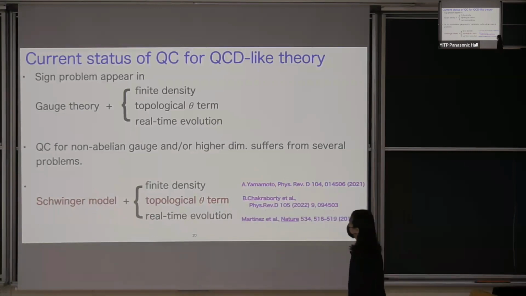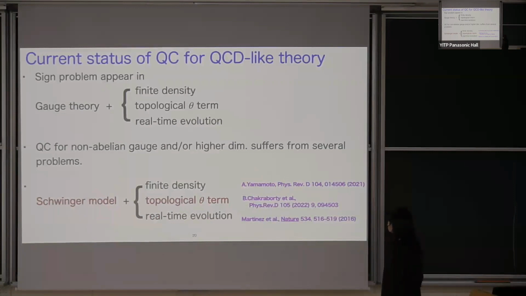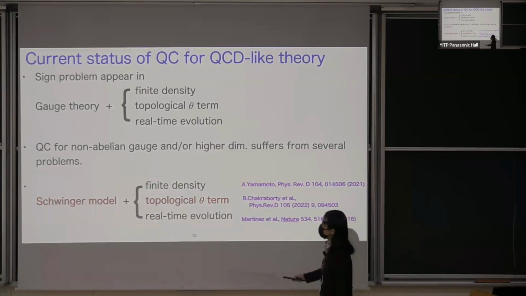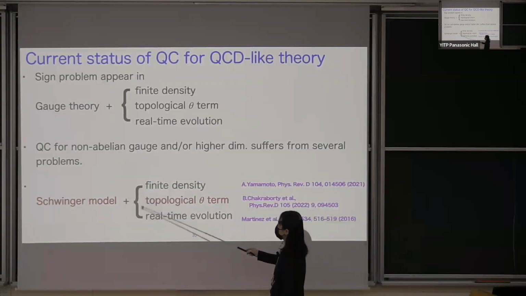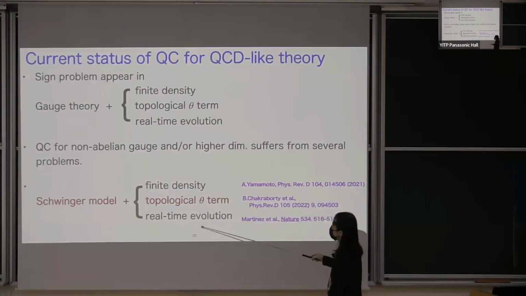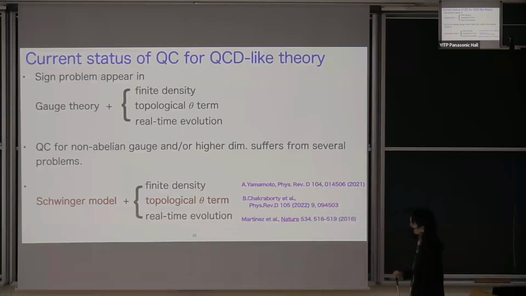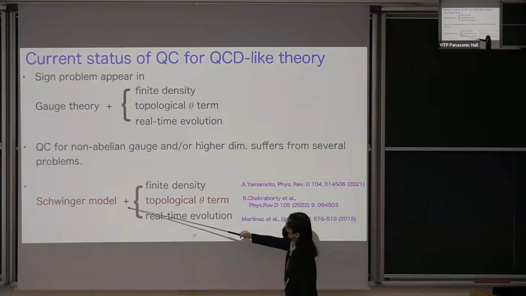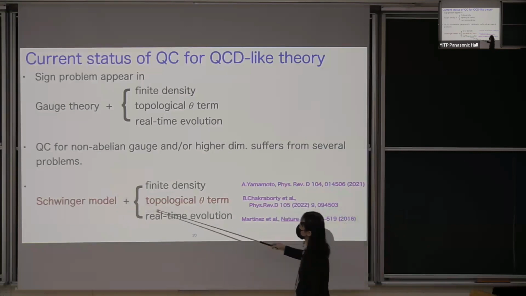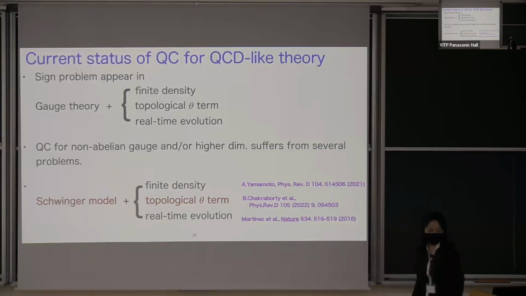I will explain later, but for the Schwinger model, we don't need any truncation or approximation. And we can demonstrate the Schwinger model in the Hamiltonian formalism with this setup by using a quantum algorithm. Actually, in this talk, I will show you our demonstration for the Schwinger model with a topological theta term.